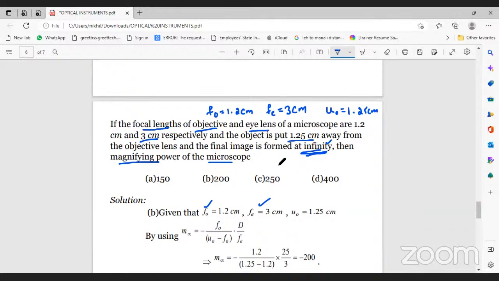You know the magnifying power formula for the compound microscope when the image is formed at infinity, that is minus f naught divided by u naught minus f naught, into D divided by fe.